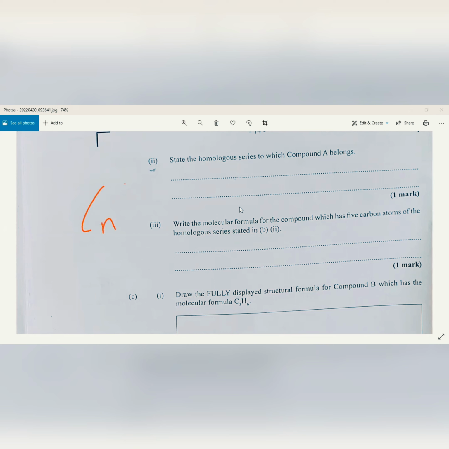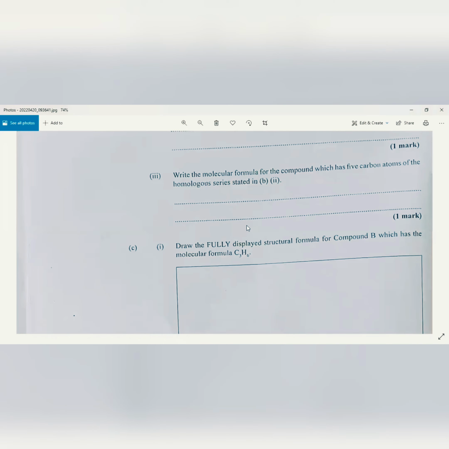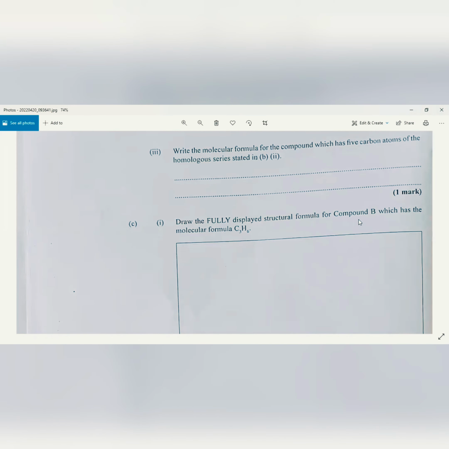Remember, the general formula CnH2n plus 2. So we're going to replace n with 5. So we're going to end up with C5H, 2 times 5, 10 plus 2, 12, C5H12. There you go. Wonderful.